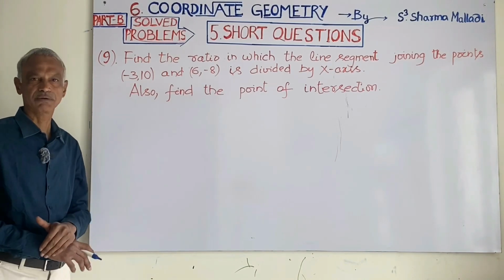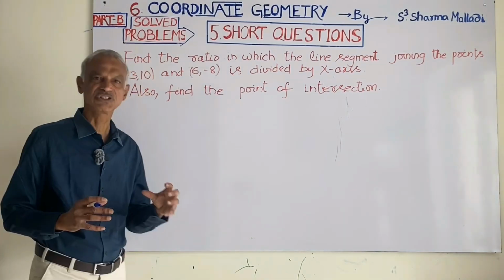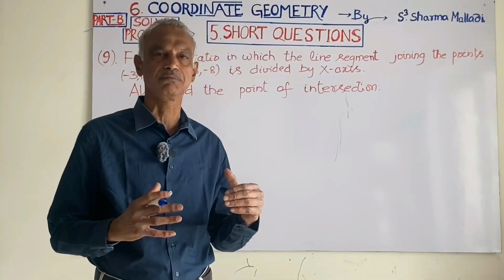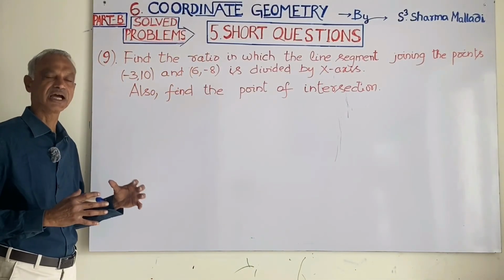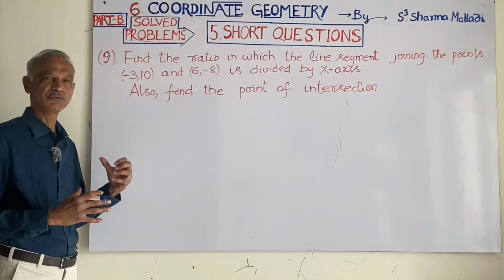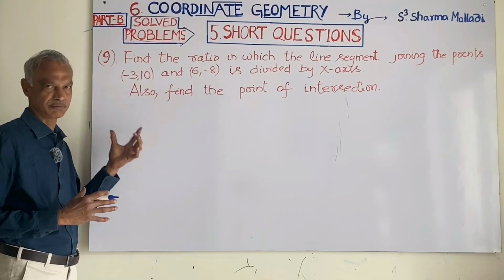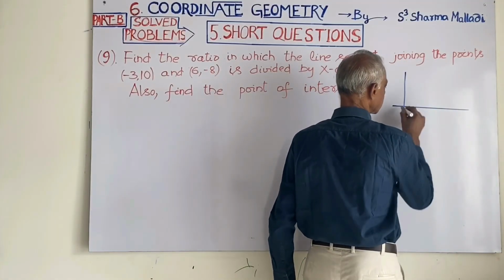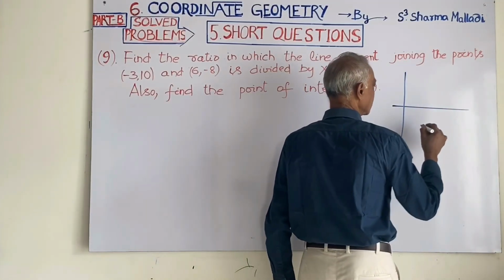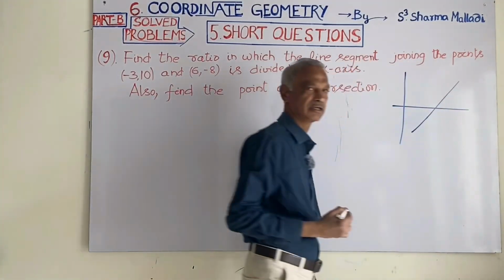First you read the problem, you should understand the problem. Which formula is involved in that problem, you should understand. Now draw the rough sketch and understand which formula we have to use to solve this problem. First you draw a rough sketch. This is the x-axis and y-axis and a line segment.